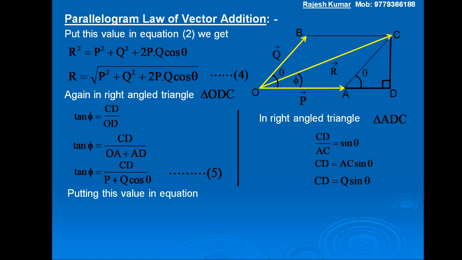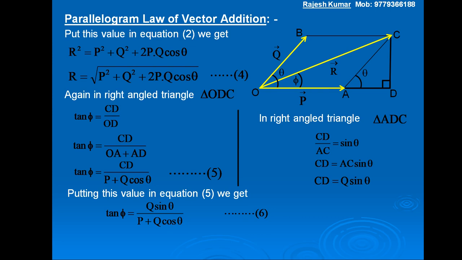So putting this value in equation number 5, we get tan phi is equal to Q sin theta upon P plus Q cos theta. So by this we can find the value of angle phi, and we can find the direction of resultant vector R. Let it be equation number 6.